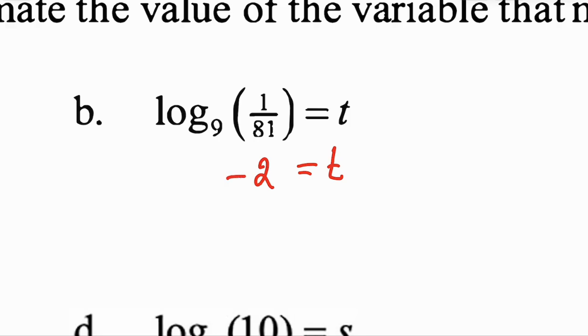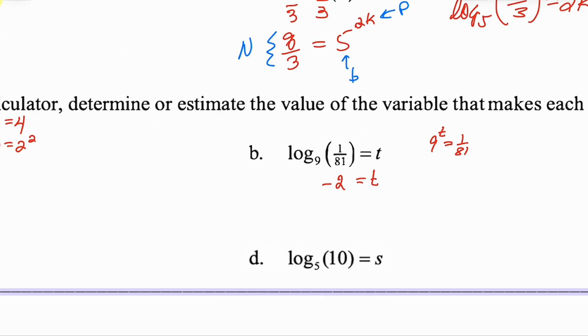That's why the answer is negative 2. What power do I put on a 9 to get that number inside there? The answer to a logarithm is always the power being used on that base. Okay.